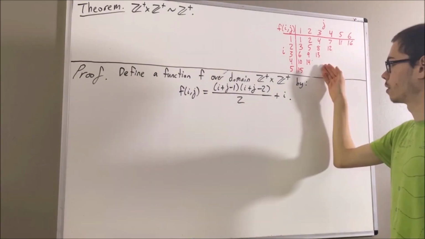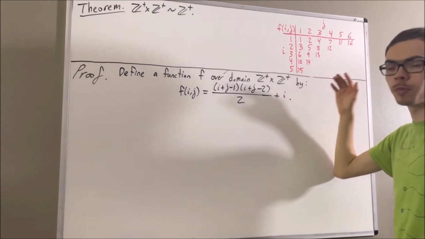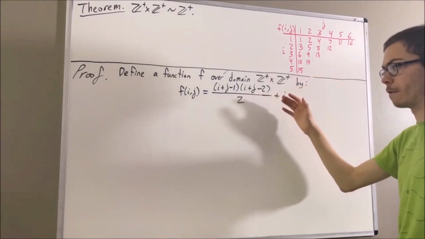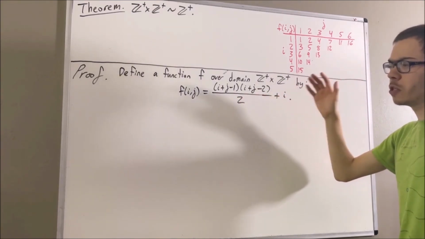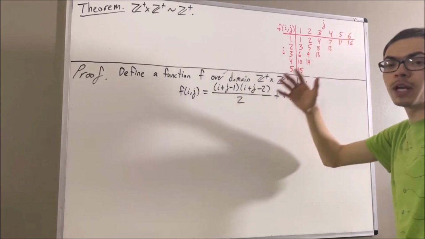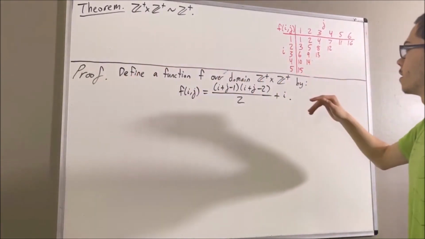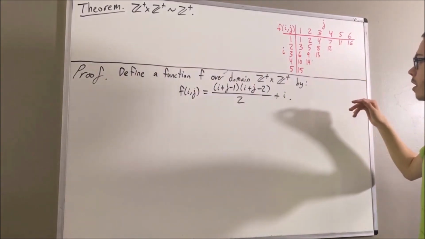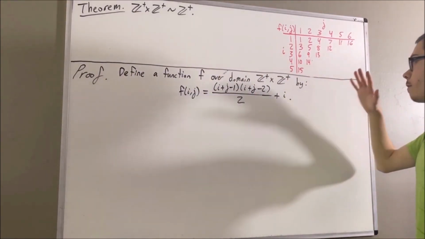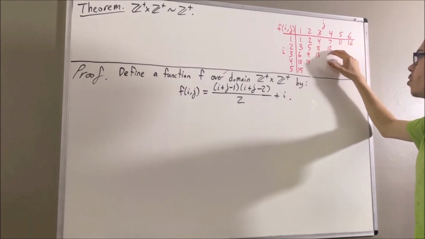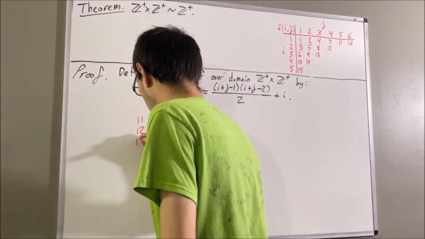And yeah, now, before we get into formally writing any more of the details of the proof out, we're going to first figure out some of the preliminary results that we're going to use in our proof. And the first preliminary result is the following. For the sake of argument, consider the diagonal strip from 11 to 15.